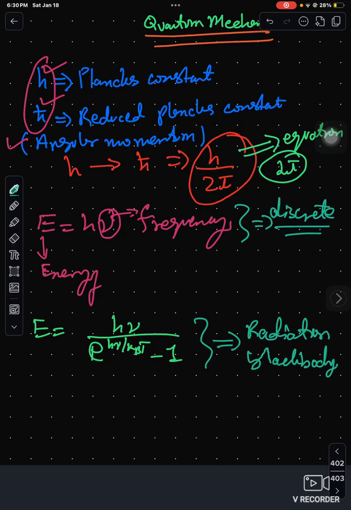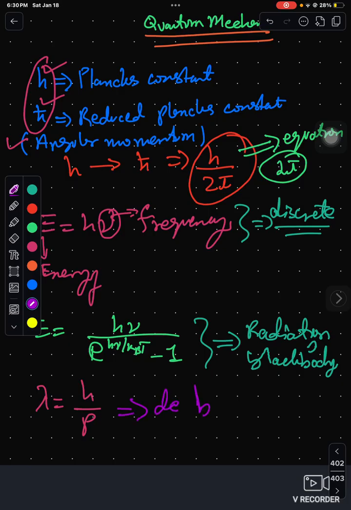Then we have the de Broglie equation, the de Broglie wavelength.